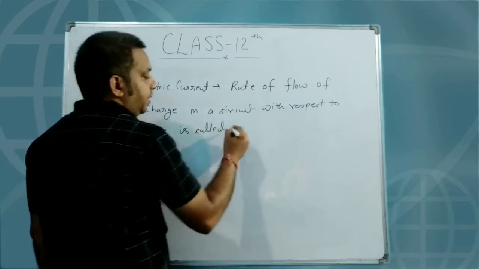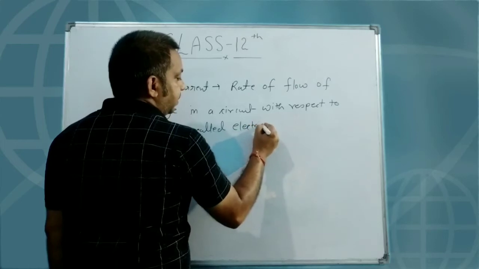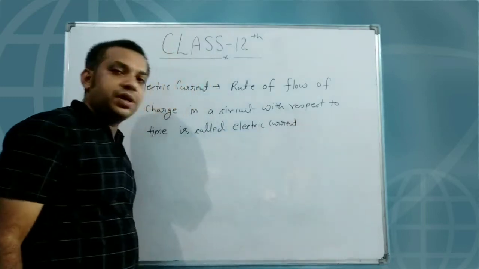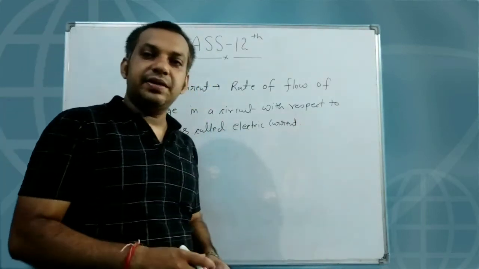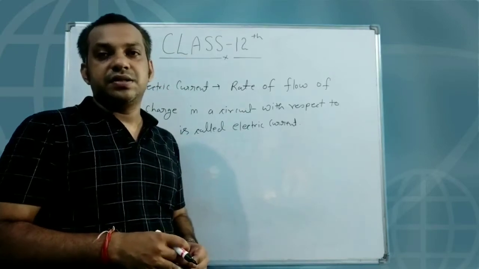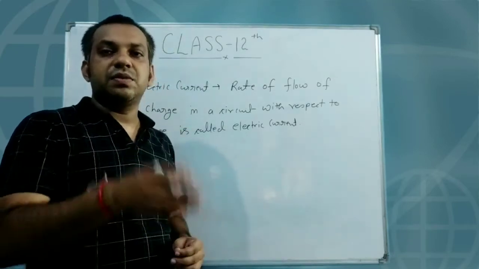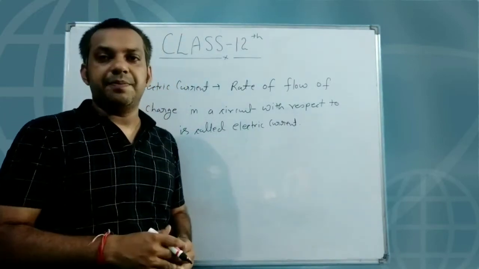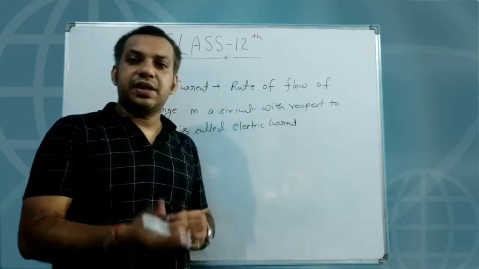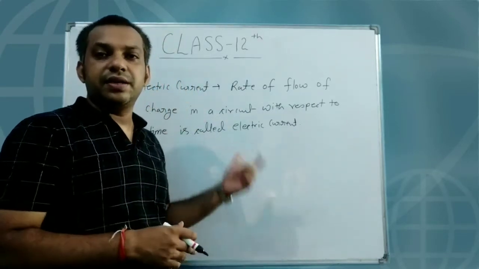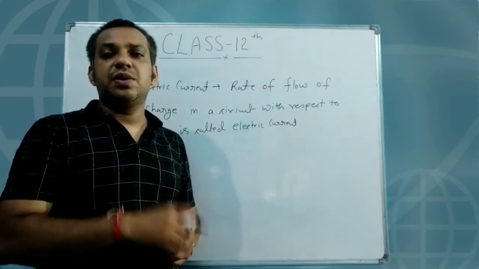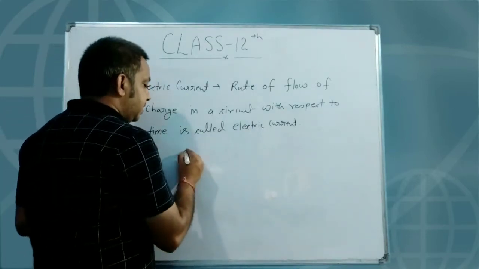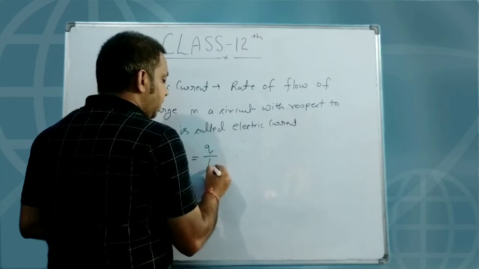Whenever you connect a circuit to a supply, there is a movement of charges from the negative terminal to the positive terminal, and because of this circulation, at a particular section a certain amount of charge will flow in a certain time. When you take this ratio, the rate of flow of this charge, that is called the electric current. Suppose in time T, an amount of charge Q flows through any cross section of a circuit, then the current I is equal to Q by T.